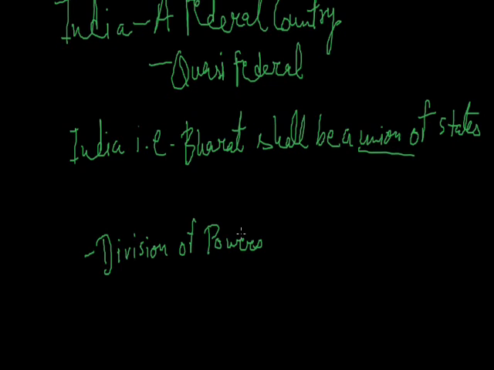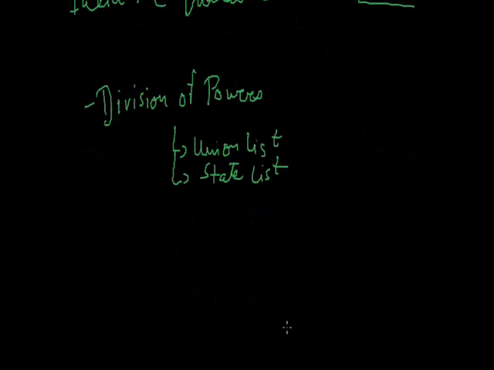And how does this division take place? There are three types of lists. One is the union list. Second is the state list. And the third is the concurrent list. We will discuss this later on.